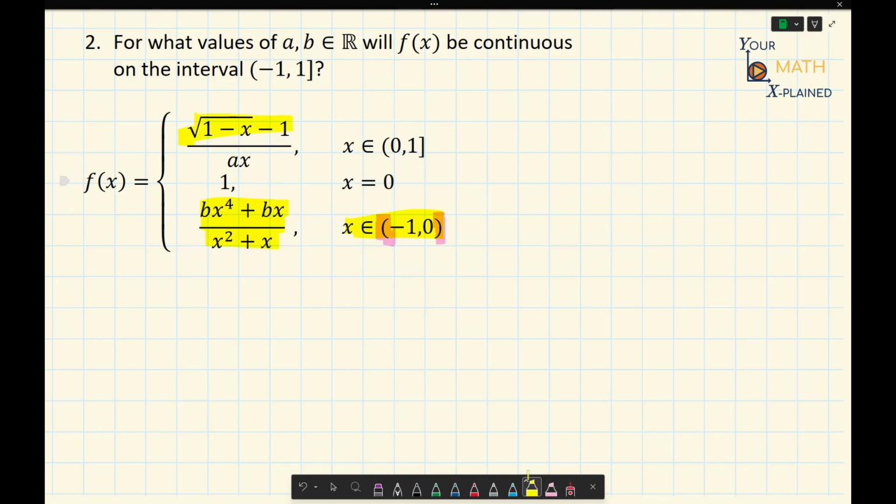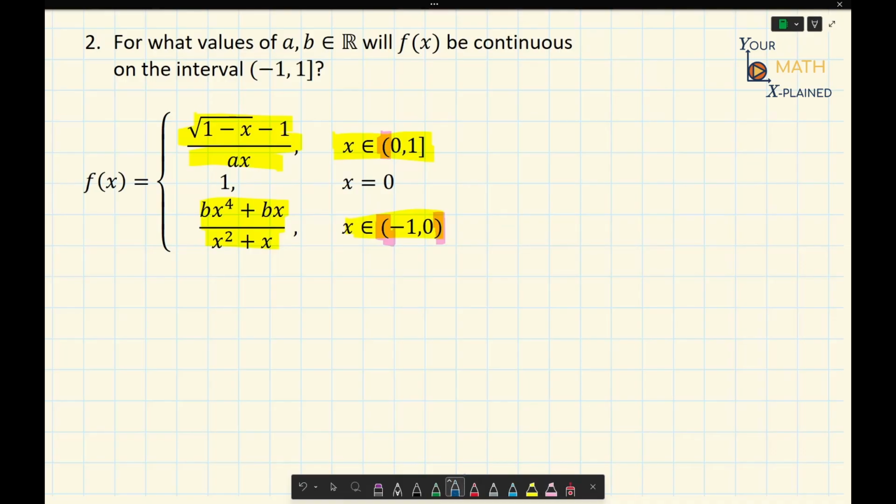Similarly, this other piece is continuous on its interval because the only value of concern is 0, but because of this rounded bracket, it doesn't include 0. So because each piece is continuous on the interval that it's defined at, the only value we're concerned about is the breakup point of this piecewise function, and that is at x equals 0.